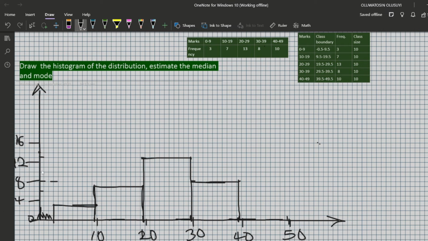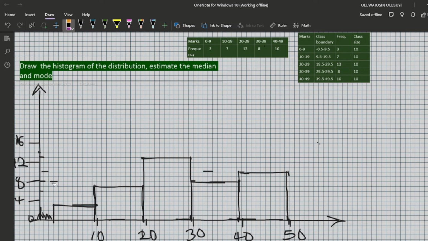It's 8, 9, 10. So this is 10. I haven't gotten 10. That's my 10. Yeah, I think I'm good to go now.